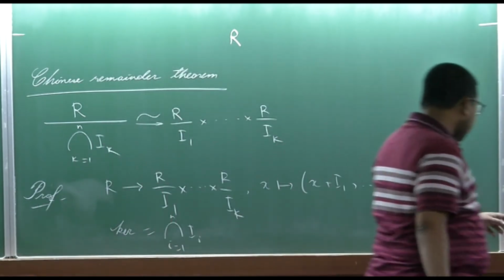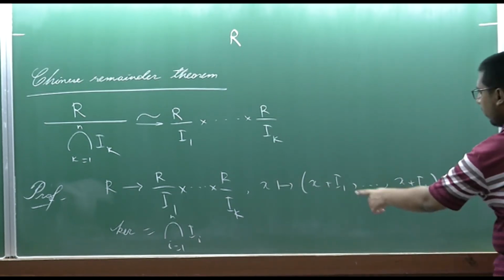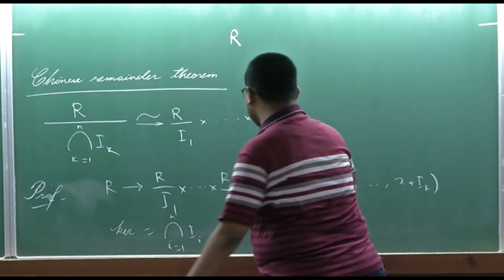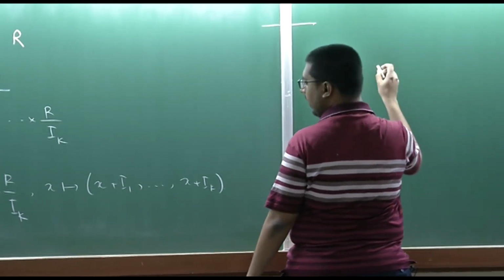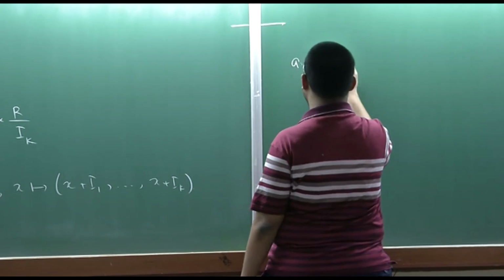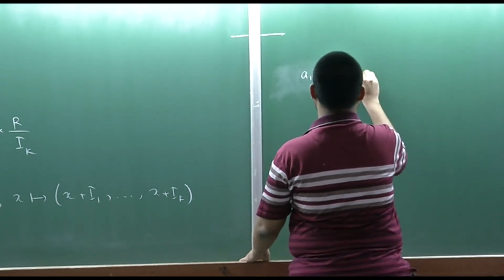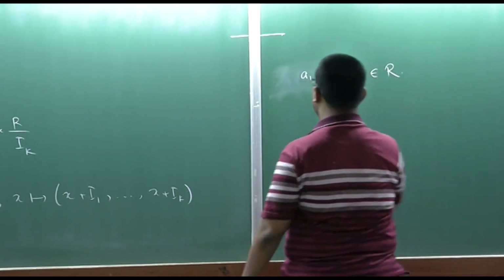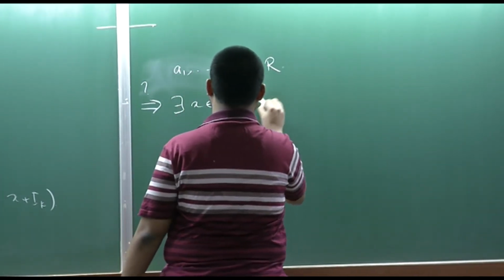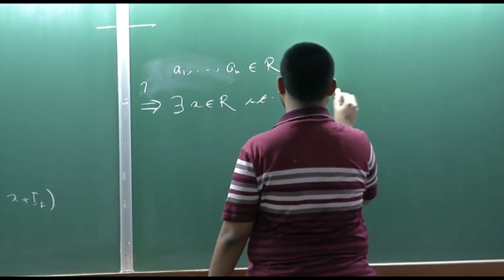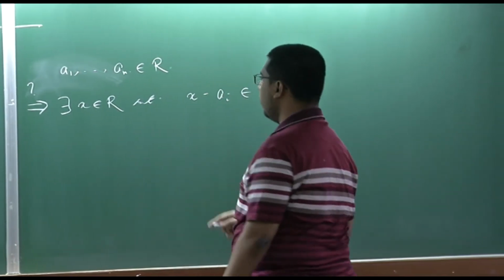Therefore, what it means is the following: given any a1 up to ak in R, we want to show that there exists x in R such that x minus ai is in Ii.